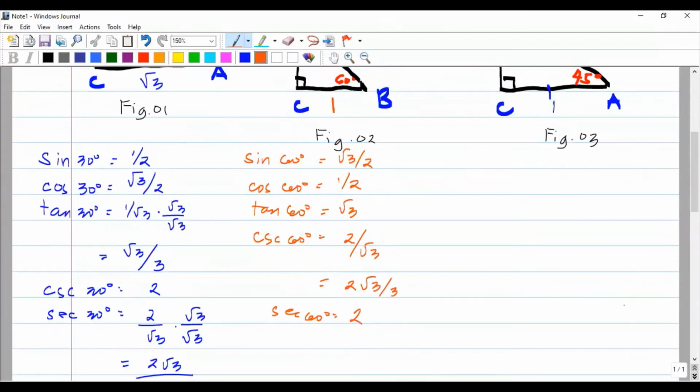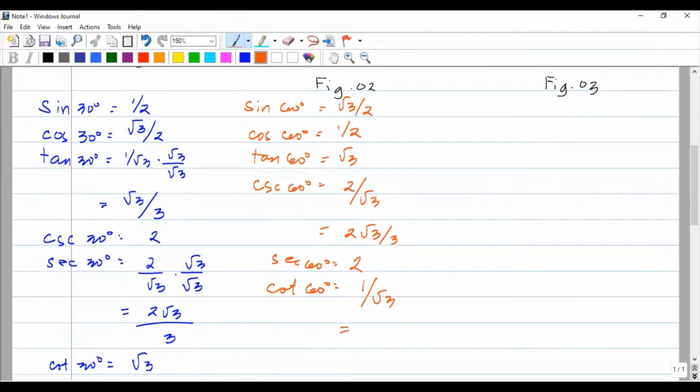And lastly, we have the cotangent 60 degrees, that is the inverse function of tangent 60 degrees. So we have 1 over square root of 3. So the final answer would be square root of 3 over 3.